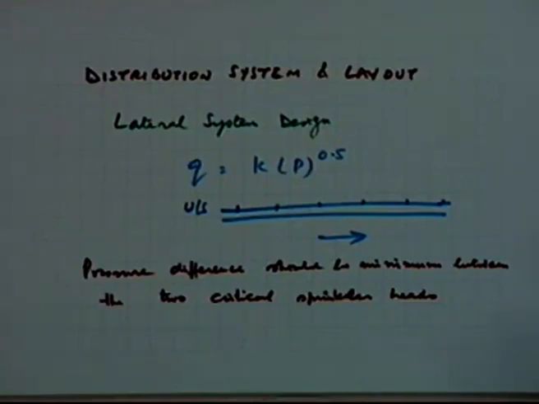But under some conditions it's possible that you have a critical nozzle which is not the last one. It depends on how the laterals are laid down. If the slopes are uniform, then you might have the first and the last one as the most critical nozzles.